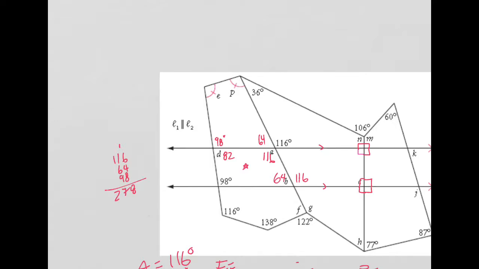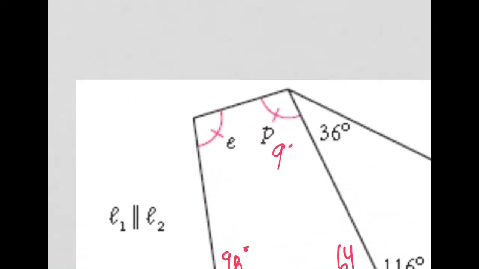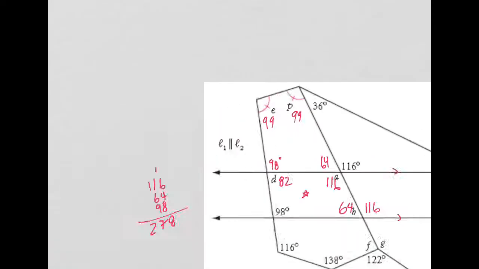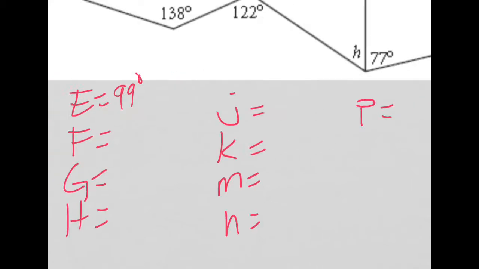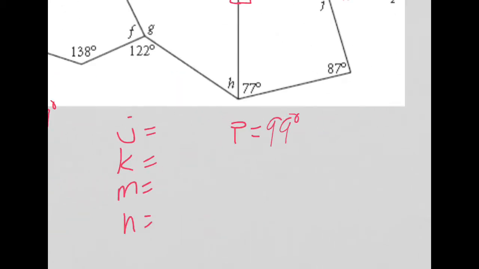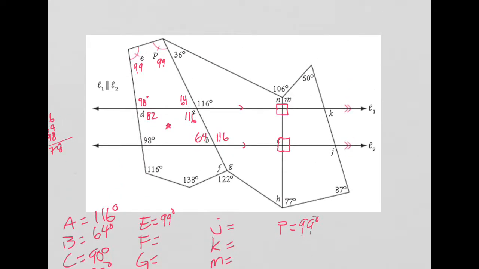If I take 360 and subtract 162, that tells me I have 198 degrees remaining for angles E and P, and they're congruent, so divide that by 2 to get 99 degrees for each of these angles. So now I can mark E as 99 degrees, and I can mark P as 99 degrees.